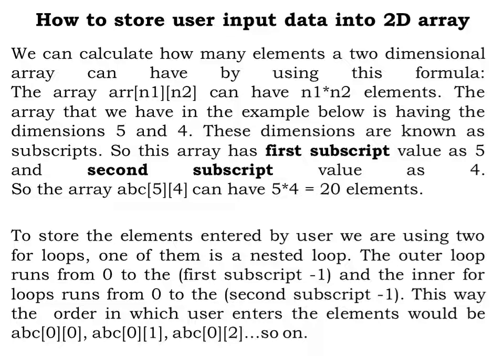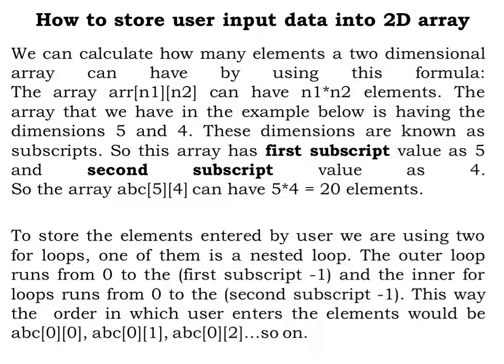The array that we have in the example below has the dimensions 5 and 4. The dimensions are known as subscripts. So this array has the first subscript value as 5 and the second subscript value as 4. So the array ABC[5][4] can have 5 into 4, that is a total of 20 elements.